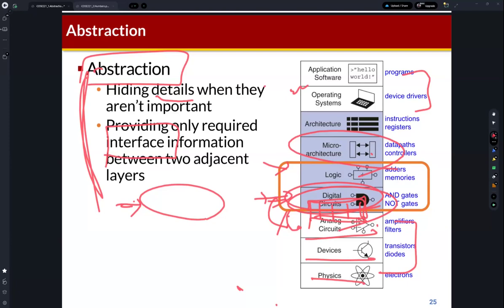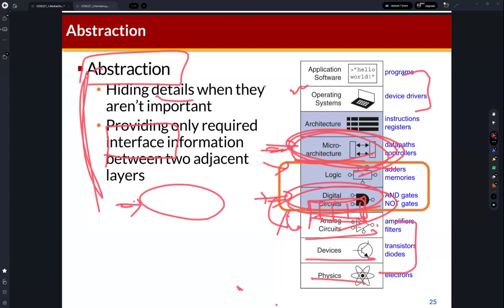Global optimization. So global optimization is very difficult. It's very difficult to get an optimized result, a globally optimized result. It is because we just focus on a certain layer like microarchitecture. For example, we can just develop a better CPU by enhancing the microarchitecture of a CPU.